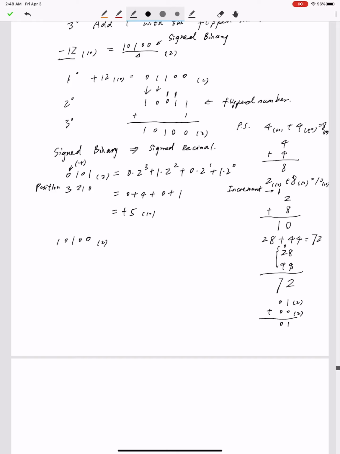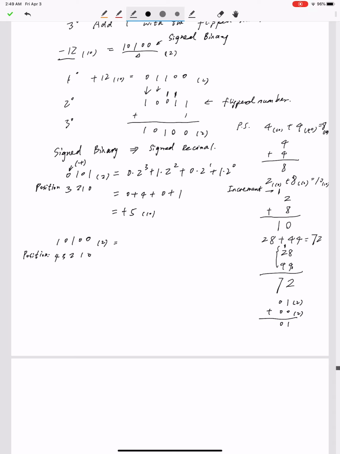We also decode this binary number, and we count the positions of these 5 digits starting from right to left and starting from 0. So positions are 0, 1, 2, 3, 4.